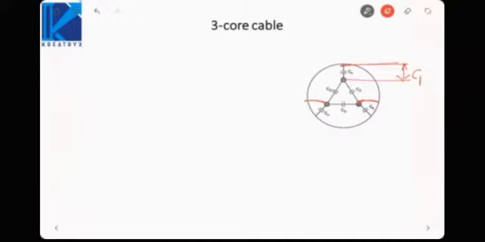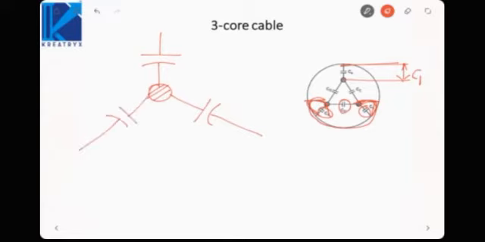Now what will happen? This capacitor gets short circuited, this also gets short circuited, and this capacitor is also short circuited. So these will be removed, and what I will have is CC, CC and CS.